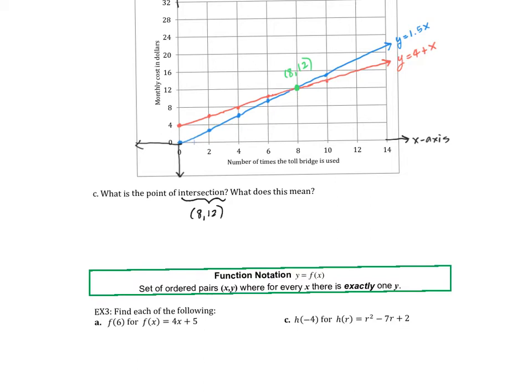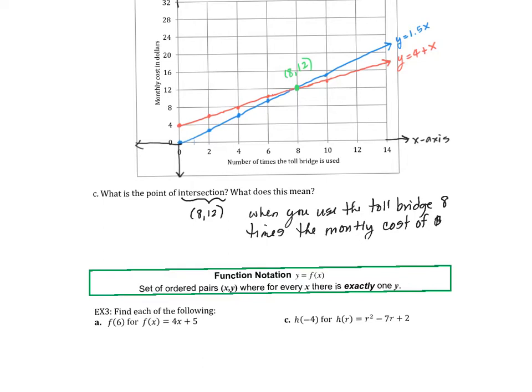Well, in this particular problem, that means when you use the toll bridge 8 times, the monthly cost is the same. So the monthly cost here is $12. So the monthly cost of $12 is the same.